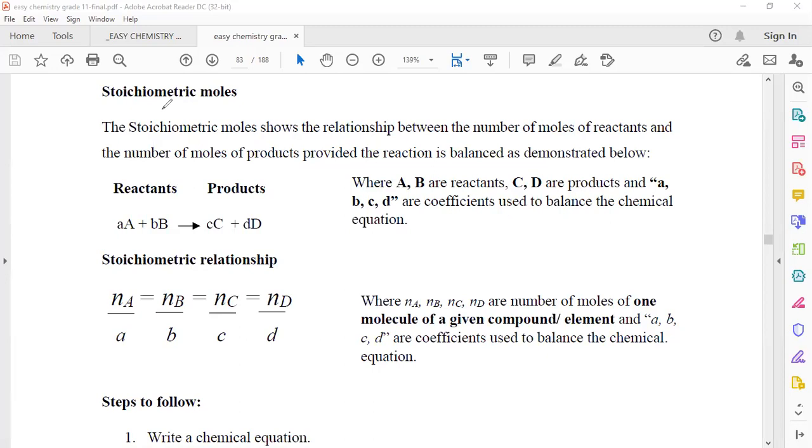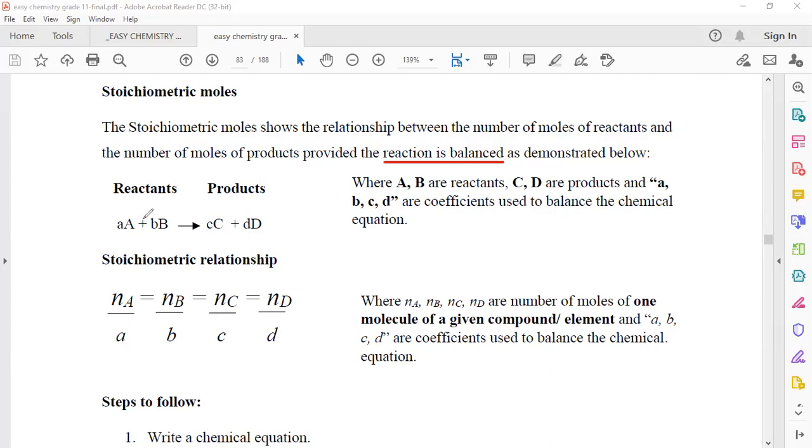Under stoichiometric moles, we need to understand that we cannot use the stoichiometric relationship if the reaction is not balanced. So the emphasis is on a balanced chemical reaction. Ensure that the reaction is balanced. Then from a balanced chemical reaction, we can extract the mole ratios.